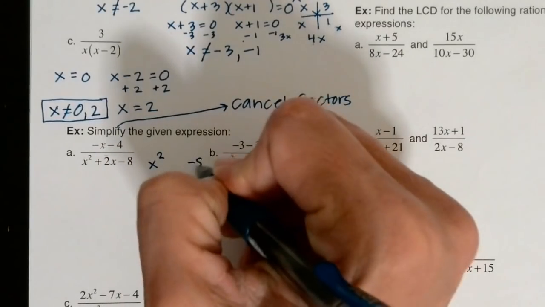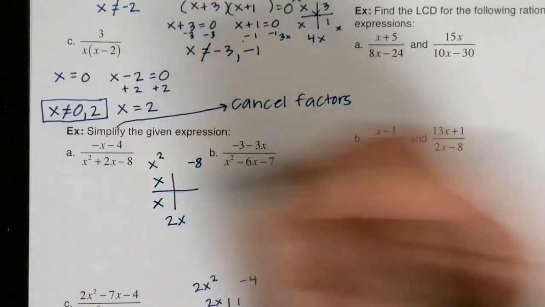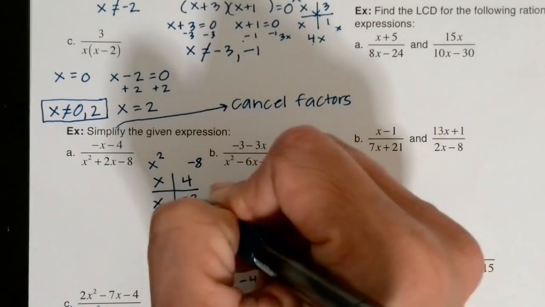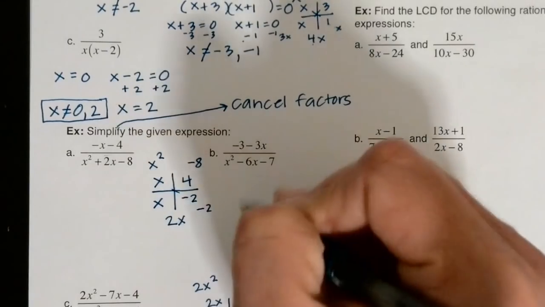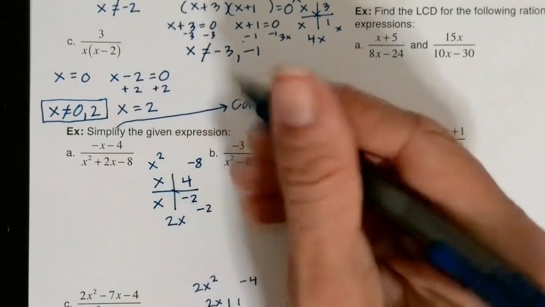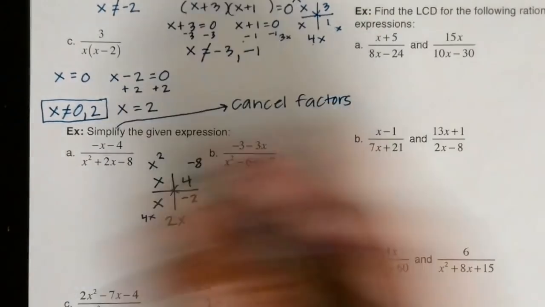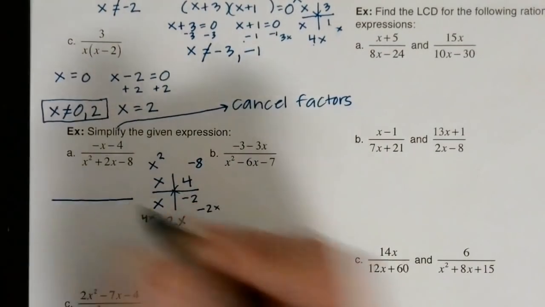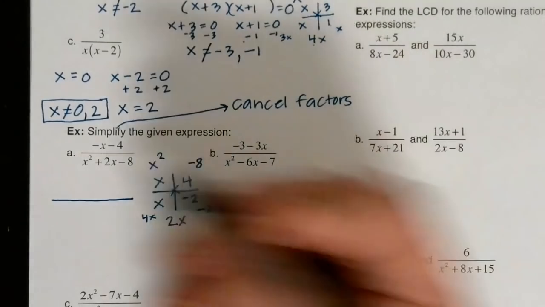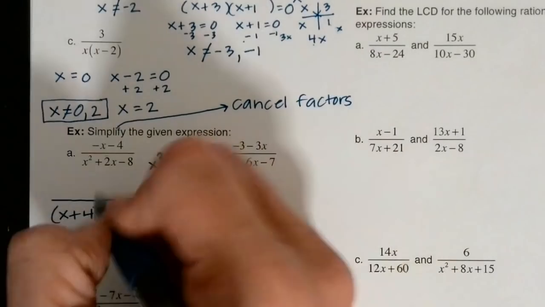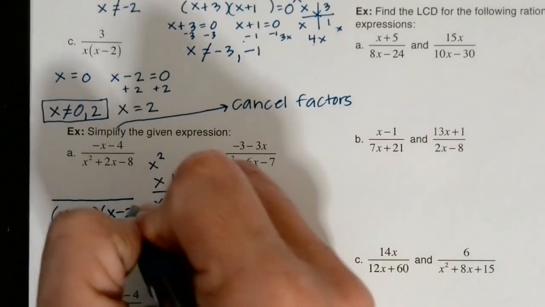Because it has 3 terms, I'm going to t-chart, and then I need positive 2 and negative 8. That works. So I'm leaving a line for the numerator. I'm going to get to that in a second. Right here I have x plus 4 times x minus 2.